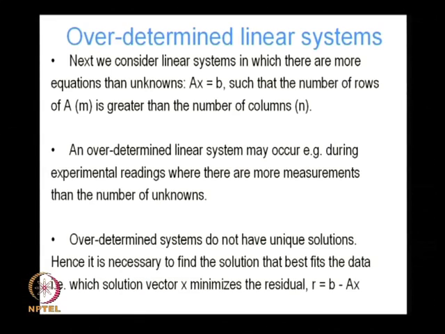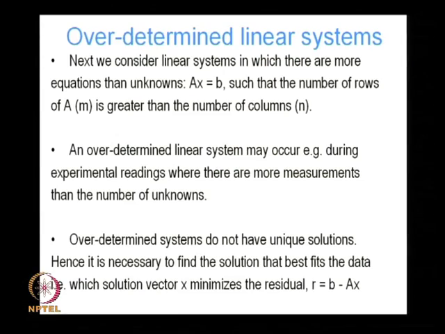An overdetermined linear system may occur during experimental readings when there are more measurements than the number of unknowns. If we are trying to find some values x, and we are setting certain parameters which are governed by the entries in A, and we are looking at certain results, and from those results and those parameters we want to find out the values of our unknown variables x.